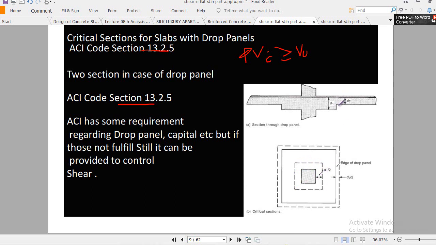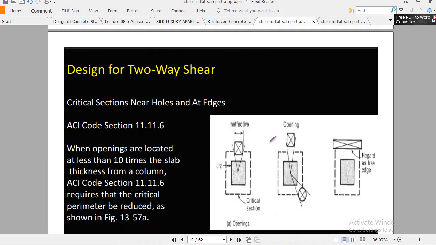The other section is from the face of the column drop panel, sorry, and the section will be this one, at a distance of d/2 from the face of the capital. So we have an outer section and an inner section, and we have to check the capacity at both sections. You will see in the example, inshallah, that we will check both sections.